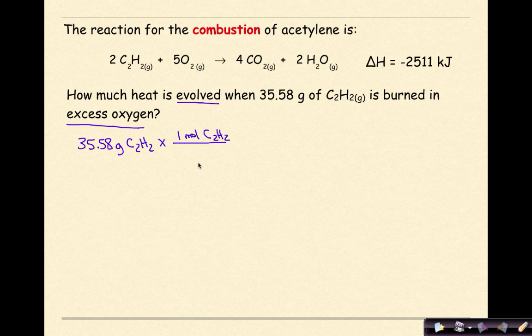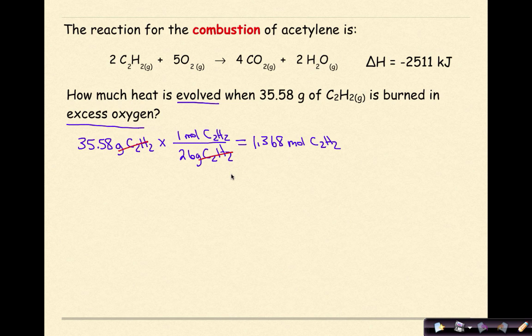And the gram formula mass of that is 26 grams of C2H2, because you should always label. Then I know that grams will cancel grams, so I'm going to do 35.58 times 1 divided by 26, and I'm going to get 1.368 moles of C2H2.